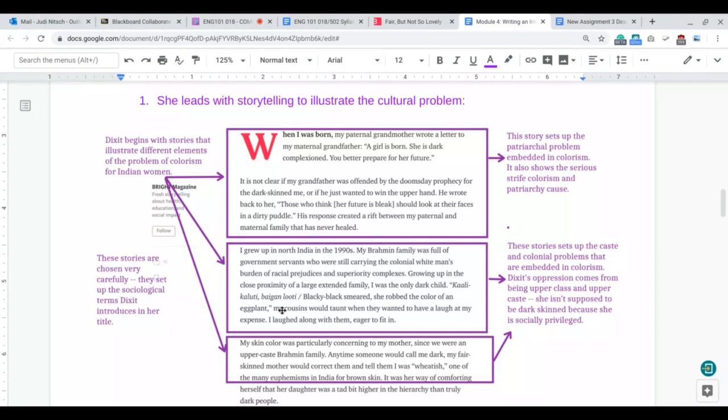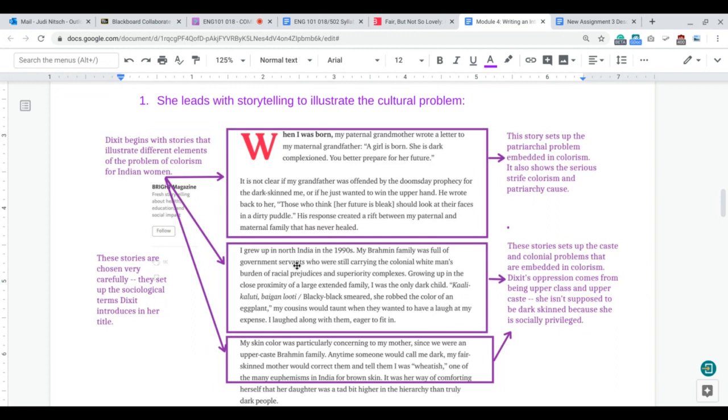And then the second of the two stories is about her life in her family. These stories set up the caste and colonial problems that are embedded in colorism. So here is just a little bit of background about Dixit's family. They're high caste, they're Brahmins, and her family works for the government, and the government of India kept a lot of the structures that the British set up when the British were the colonial overlords of the subcontinent.